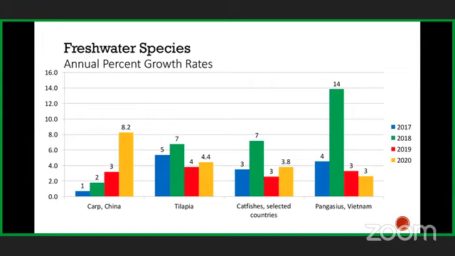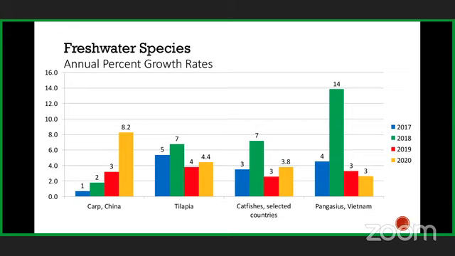Here you can see the annual percentage growth rates from the last 4 to 5 years, where China became dominant in carp as always. India has also emerged as the second largest fish producer. For tilapia, it's around 4 to 5% annual growth. For catfishes, there are selected countries like Vietnam and the US.